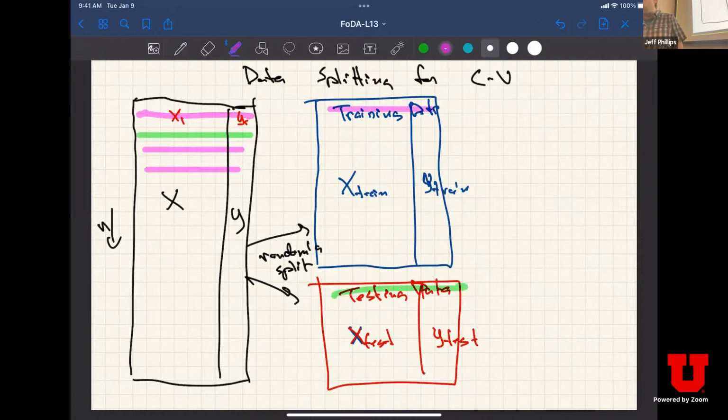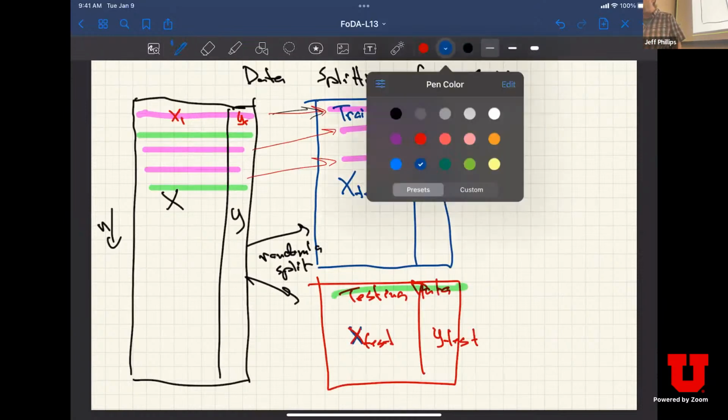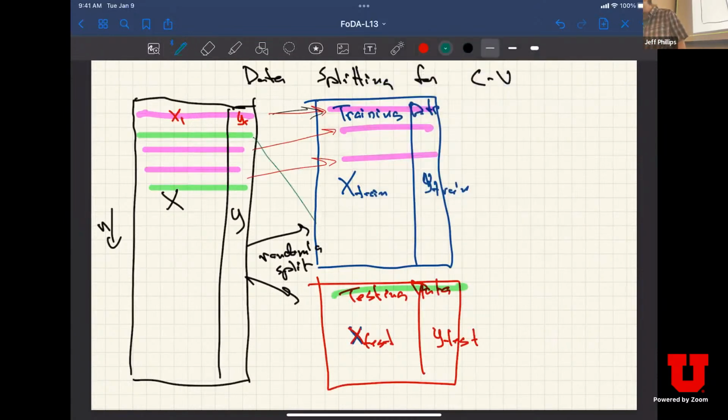The next two go into the training, and the next ones might go into the testing, so it's a random split of this data set.